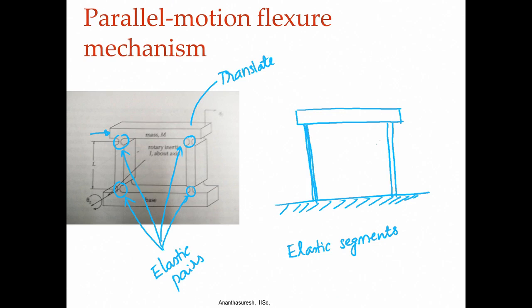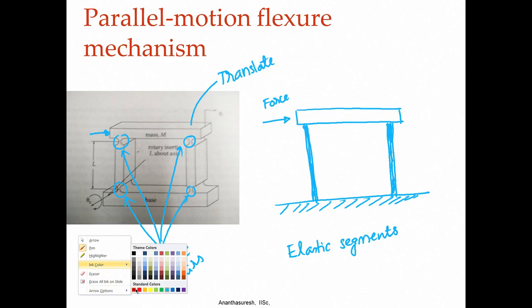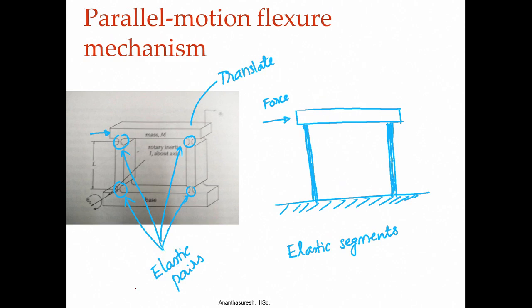They can be strips of metal or plastic or whatever, and it could be single crystalline silicon as well. When you have such a thing, when we apply a force here, this is going to deform. Let us try to plot that. How does it deform?